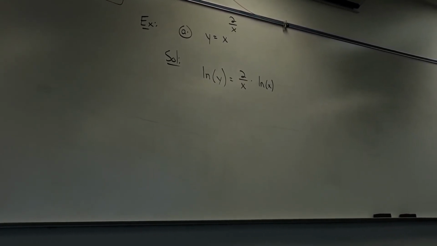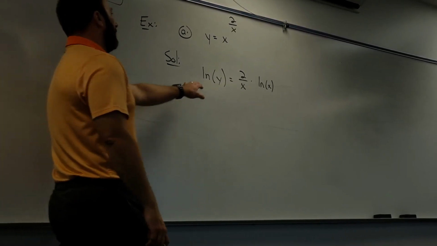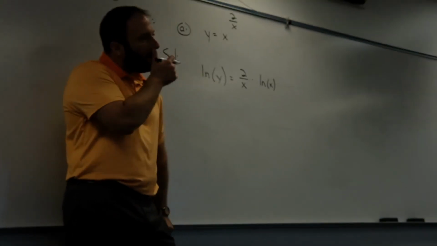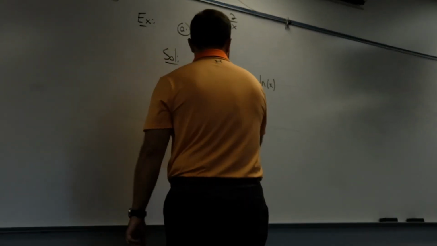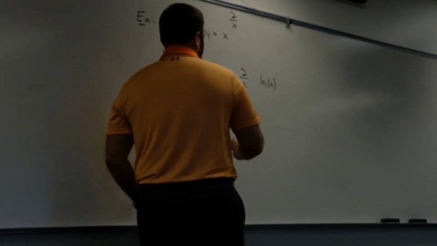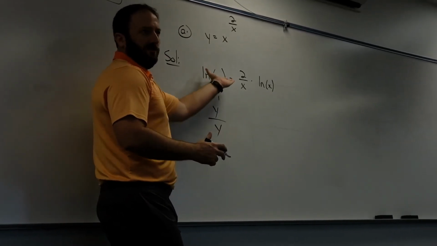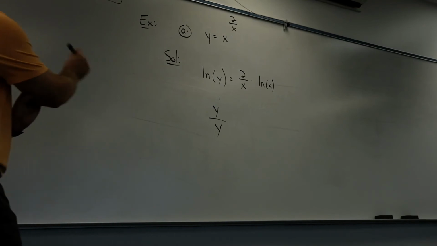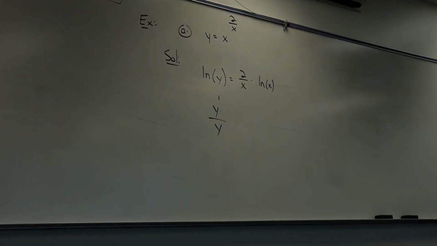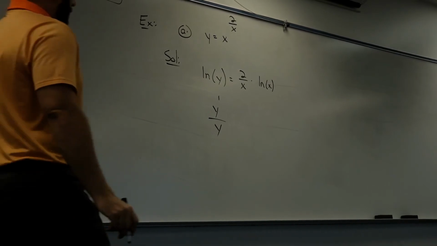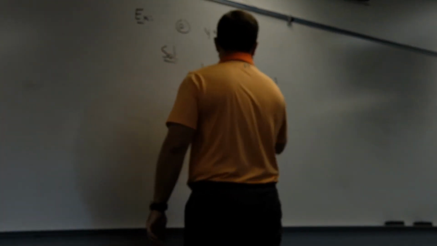So guys, if I take a derivative of the left, what am I going to get? What's the derivative of ln of y? y prime over y. It's like we have ln of u. The derivative of ln of u is u prime over u. It's just that u is y here. All right, what rule do we need for the right-hand side? We're going to have to use the product rule here.